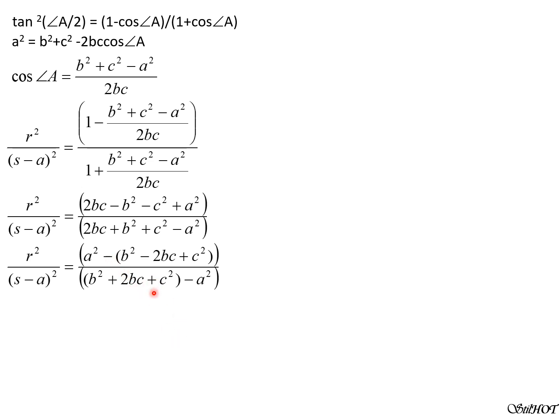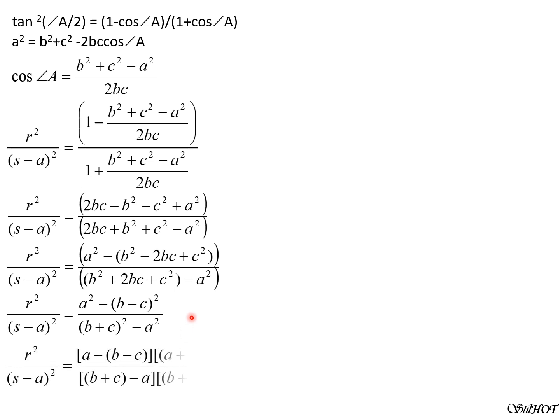This is quantity b plus c squared. And by factoring, we have r squared over (s minus a) squared equals quantity a minus quantity b minus c times quantity a plus quantity b minus c all over b plus c minus a, then b plus c plus a, the factors of that.